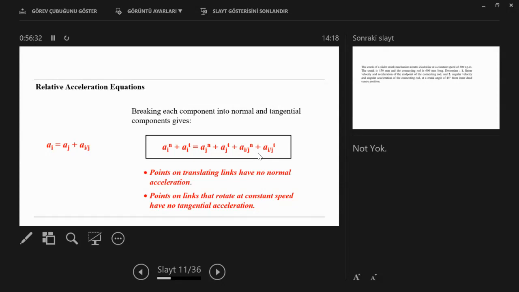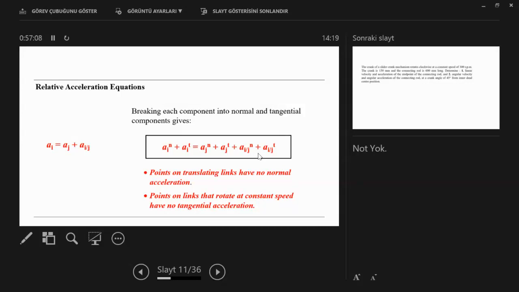You see here, let's say I is any link of the mechanism. We know that each acceleration has, in general, two components, normal and tangential. So we can write the same way: acceleration B is equal to acceleration A plus acceleration BA.